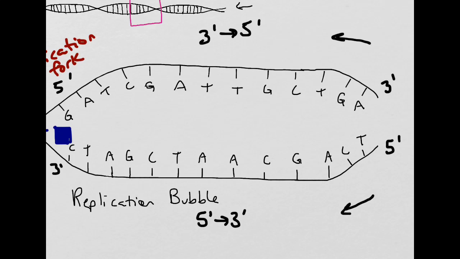Okay, so we know that A pairs with T, G pairs with C, T with A. Okay, so those were hydrogen bonded together to keep it nice and tight, but helicase came along and unzipped them.